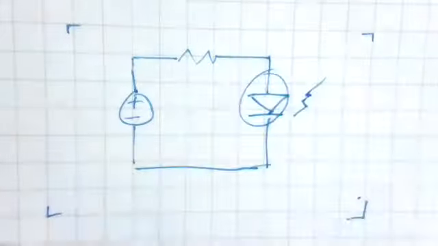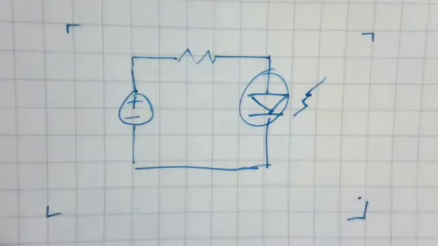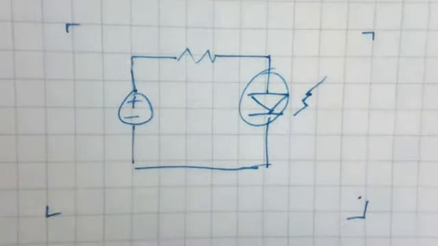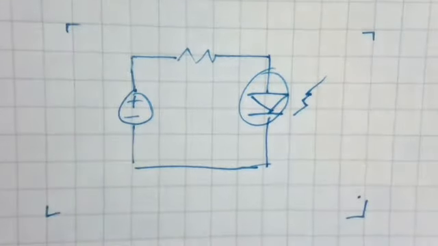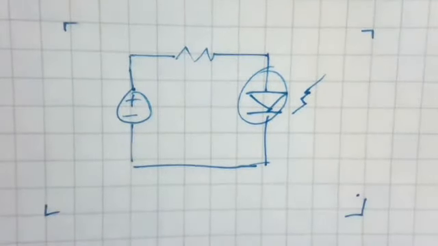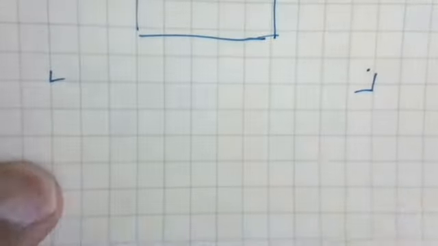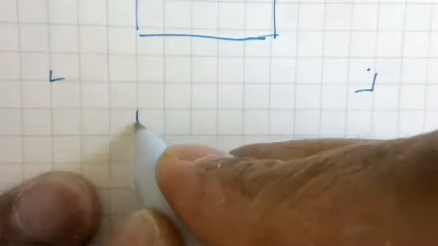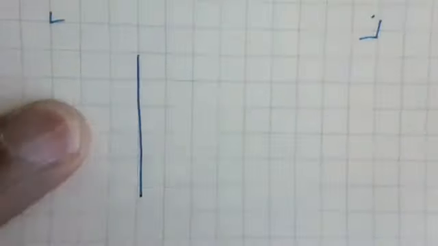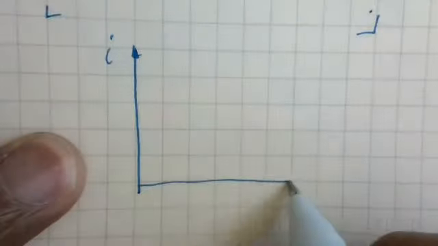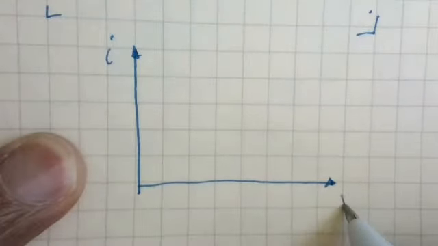Okay, so the way that a diode works to first order is that it has a voltage current diagram that looks like this. So if we were to draw on this axis, this is going to be current, and this is going to be voltage.